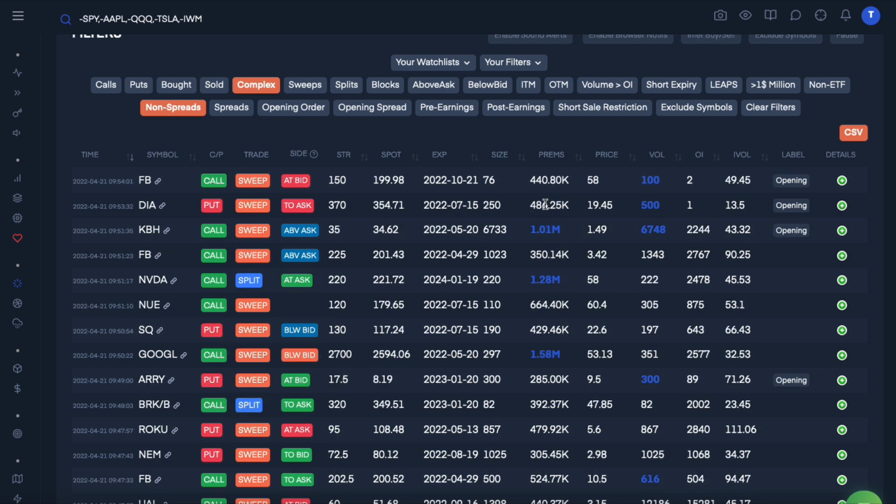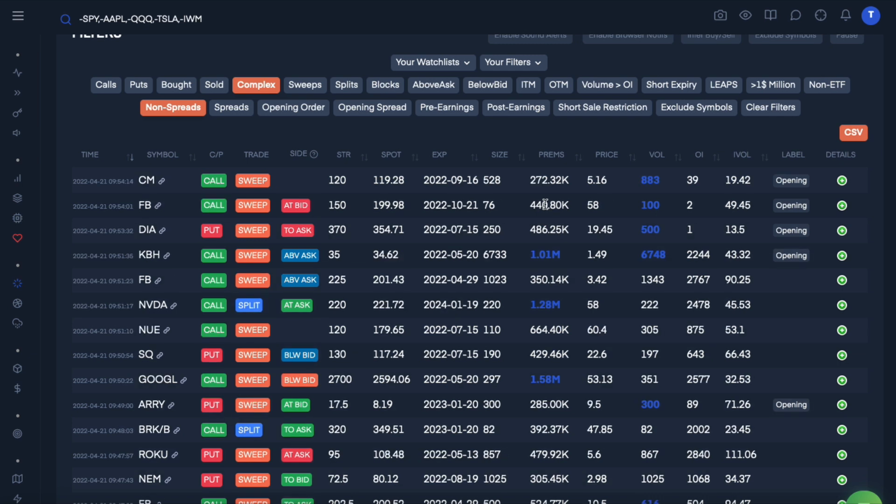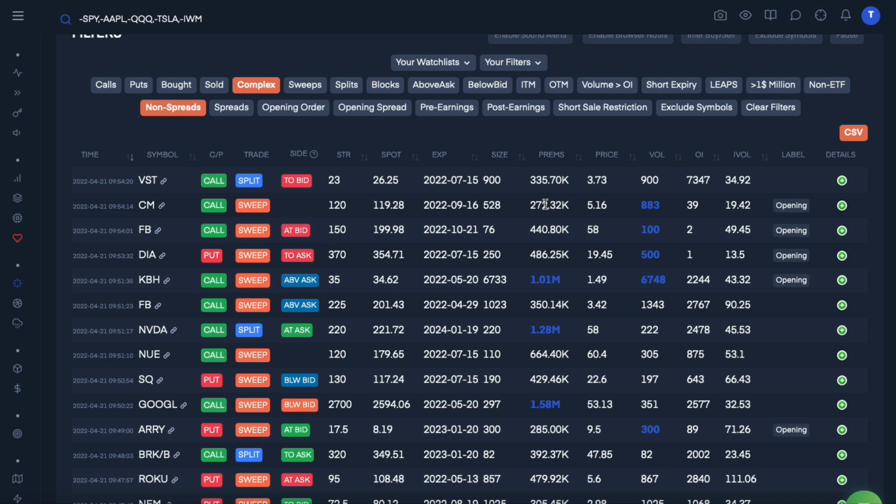Then the market makers were the ones who sold the call, and the market makers never want to have a direction. They always want to stay neutral. Selling a call is a bearish position, so when they sell a call, they want to hedge that by buying the underlying shares in KBH.